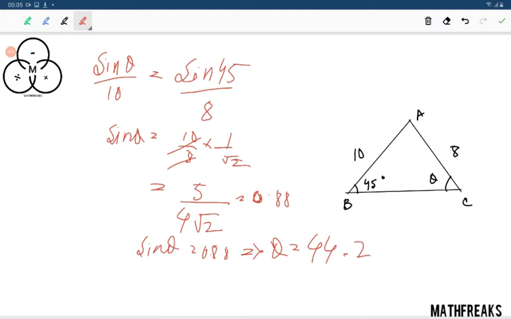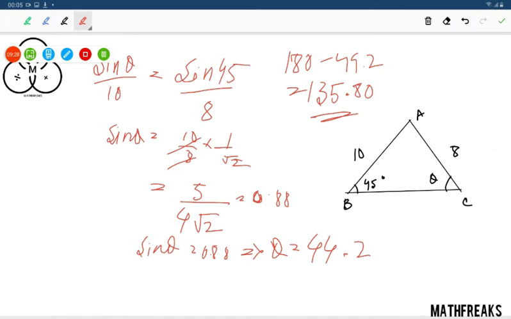If theta is equal to 44.2 degrees, what is the other possible value of theta? This is 180 minus 44.2, which equals 135.8. This is another possible value of theta.